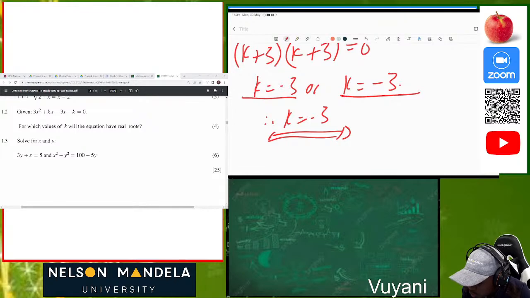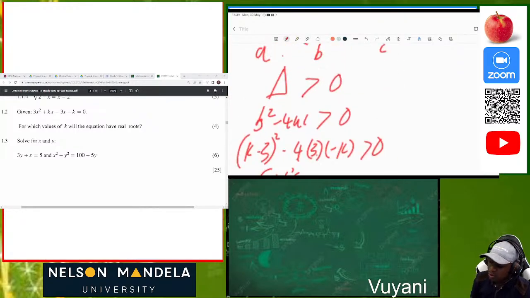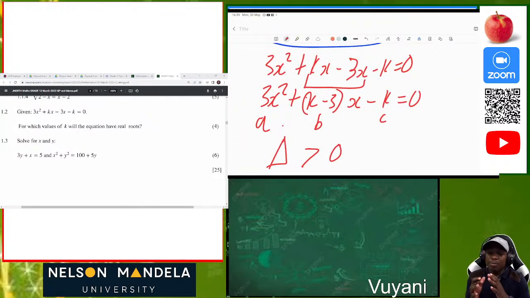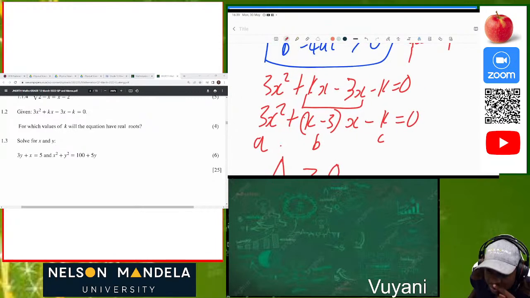Okay, so recap again. What is important is to be able to analyze the question. What are you asked to calculate? In this instance, they ask you to calculate the value of k for which the equation will have real roots. What do we know about real roots? The determinant of a real root is greater than 0.